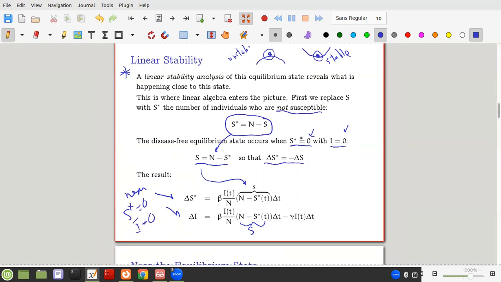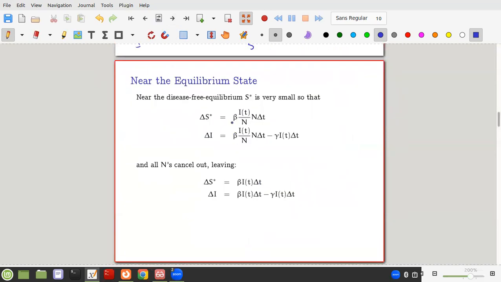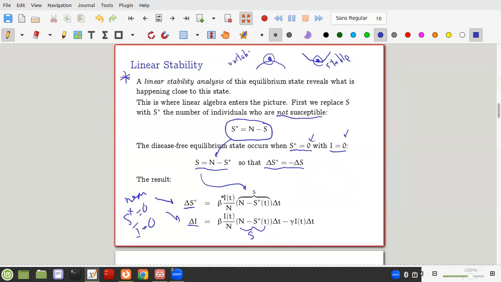We're not going to be exactly there, but we're going to look at the number of individuals who are not susceptible, and I, by doing this. And this change of variables is going to have some good effects. First of all, when I put this in, you can see this N here cancels off this N here.